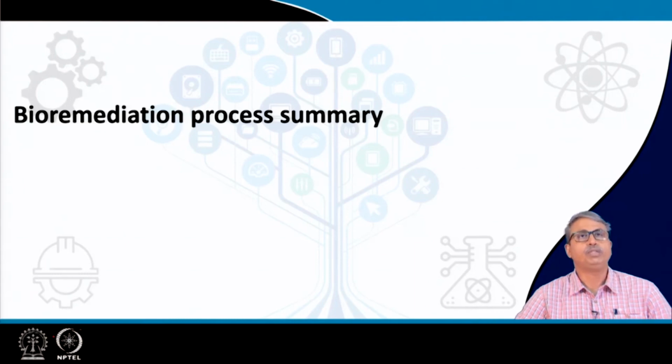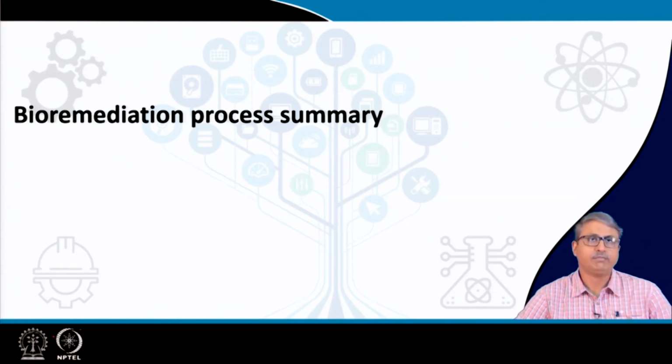Now, before we go into the details of these two case studies with respect to bioremediation of uranium and chromium, let us quickly have a recap of the bioremediation process.